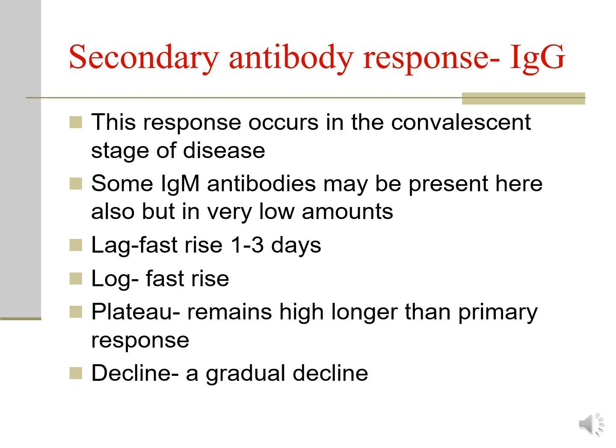The lag phase shows a fast rise of about 1 to 3 days. It is actually shorter than in a primary antibody response. The log phase also shows a fast rise. The plateau is pretty different than the primary antibody response. The plateau phase in a secondary antibody response remains high longer than a primary response. And then the decline phase of a secondary antibody response is a gradual decline.